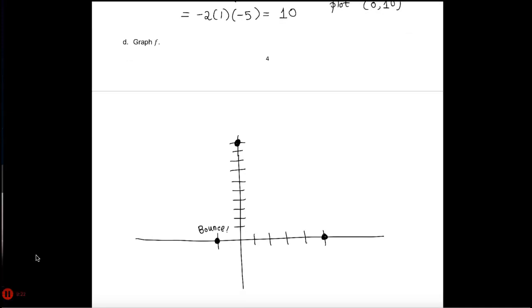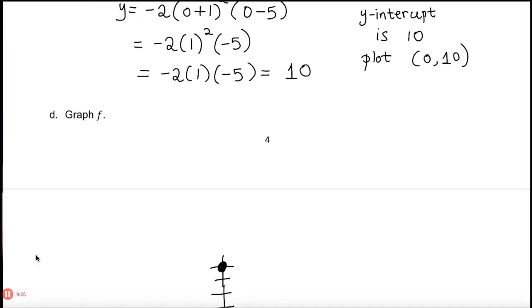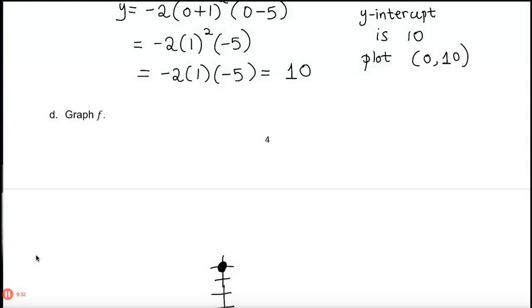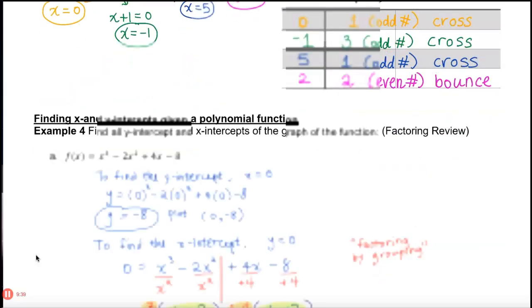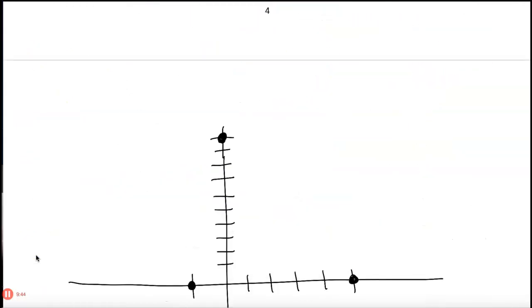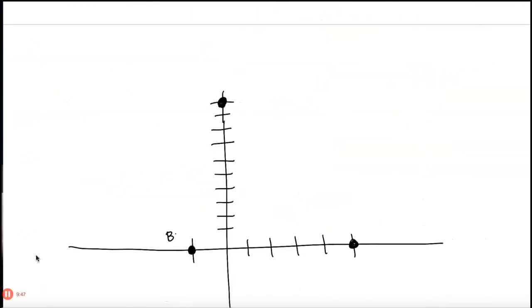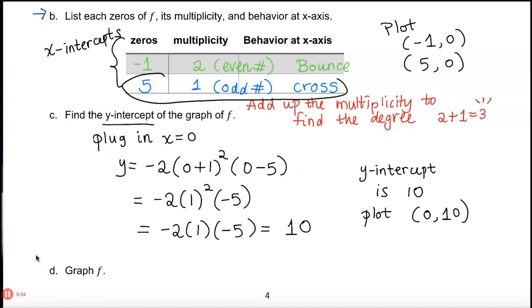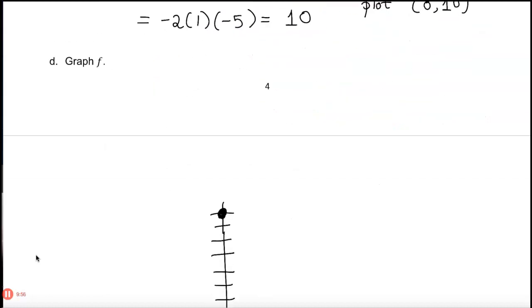How about at 5? So we just said this graph will bounce here, and I have to make sure. At 5, this is going to cross.